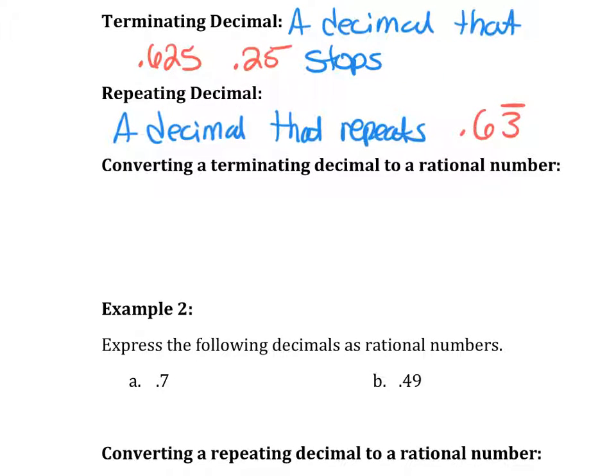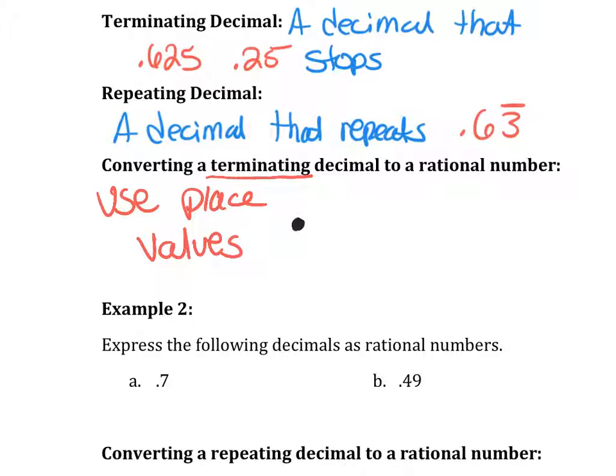So to convert a terminating decimal, so one of the decimals that ends, to a rational number, we have to use place values. So we have our decimal point.